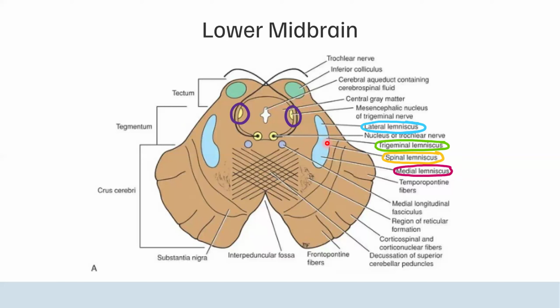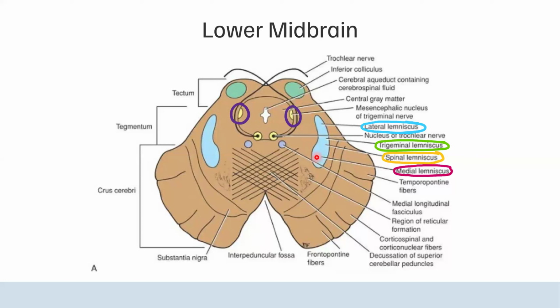Secondly, we're going to have this lateral projection here. So since it is lateral, then I am talking about something that is sensory. In order, it has the lateral lemniscus, the trigeminal lemniscus, the spinal lemniscus, and finally the medial lemniscus. So from most posterior to most anterior, I am going from purely sensory to closer to motor.